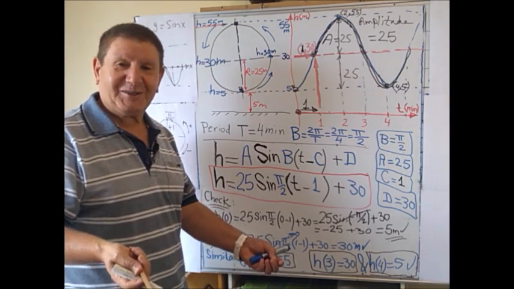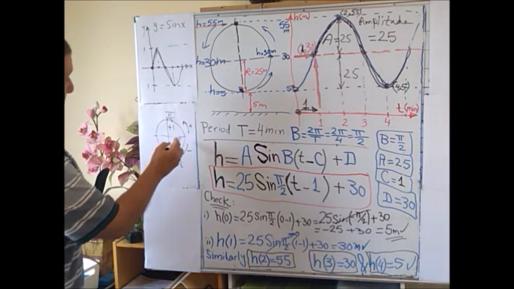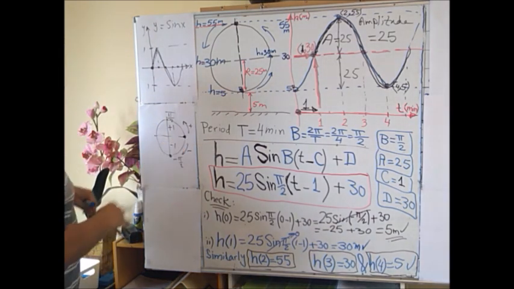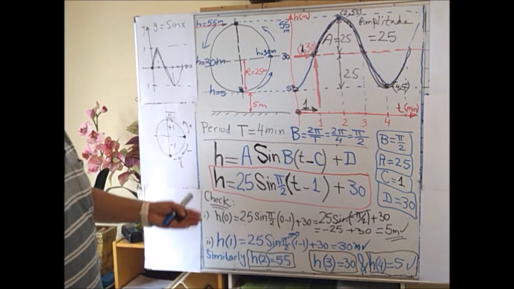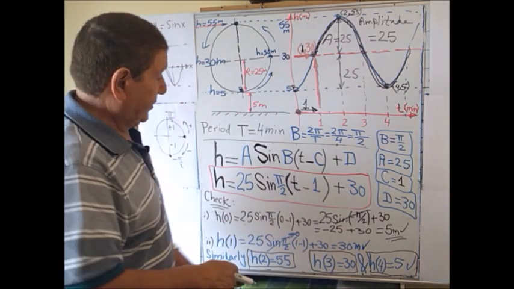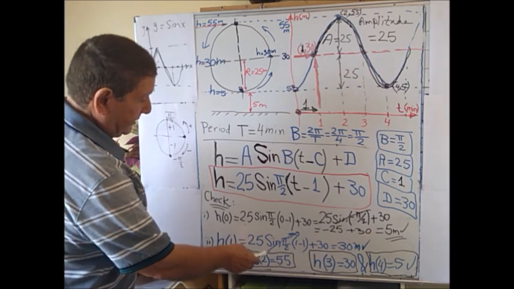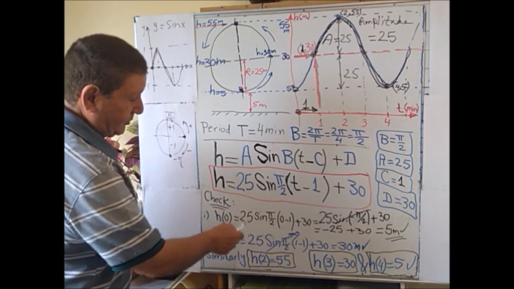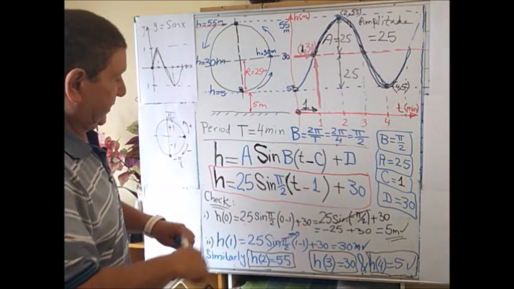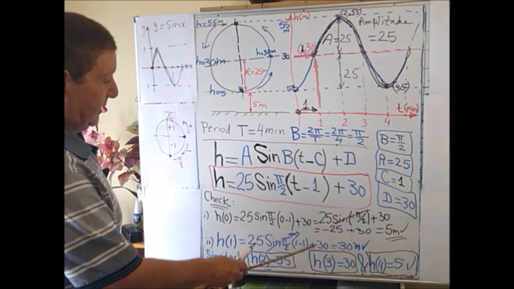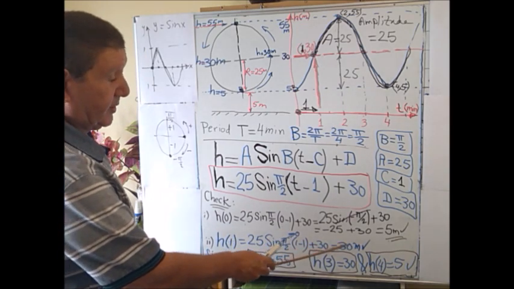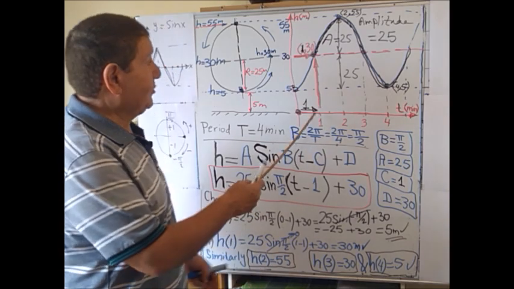As you know, sine 0 is the y coordinate, which is 0. So the whole thing goes, because you are multiplying by 0, and you are left with 30. So the answer is 30 meters, and that's what you expected.